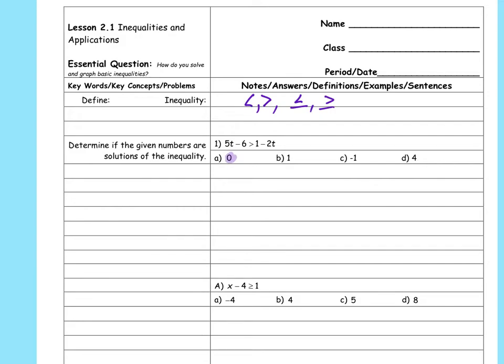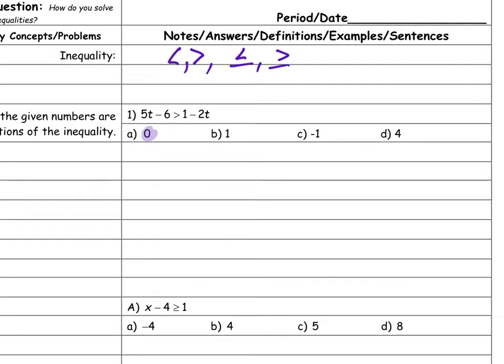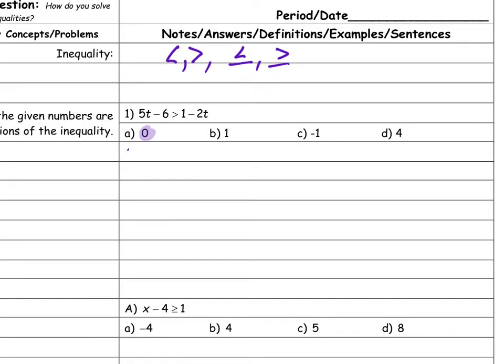So I would do, I'm going to zoom in a little bit, sorry. 5 times 0 minus 6. It's got to be greater than 1 minus 2 times 0. And then I've got 5 minus 6. It's got to be greater than 1 minus 0. Oh, negative 1 is greater than 1. Is that true?